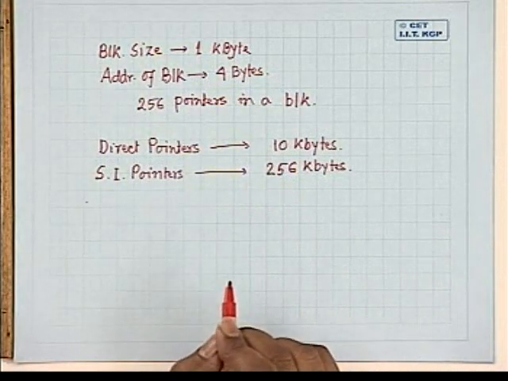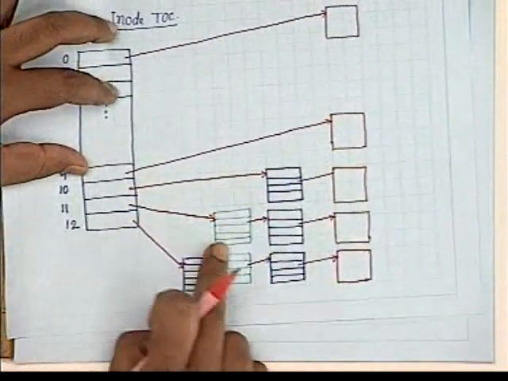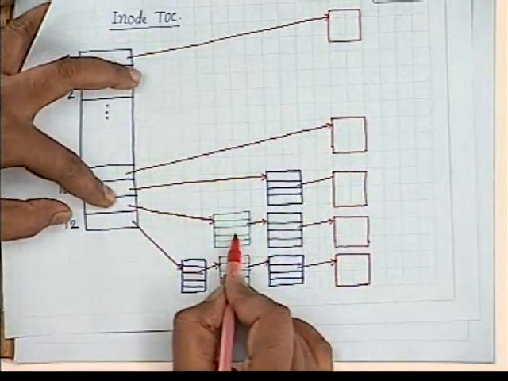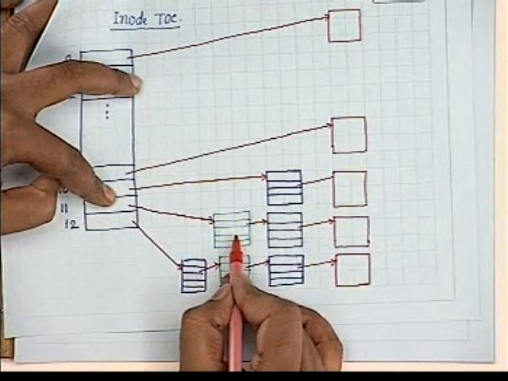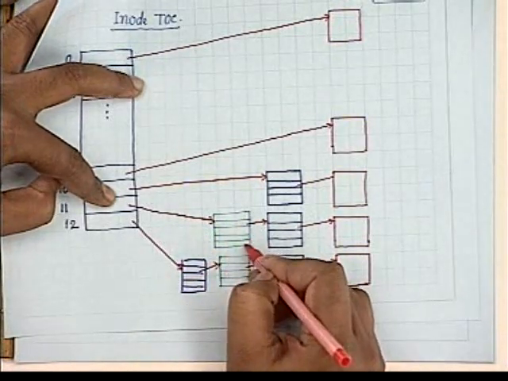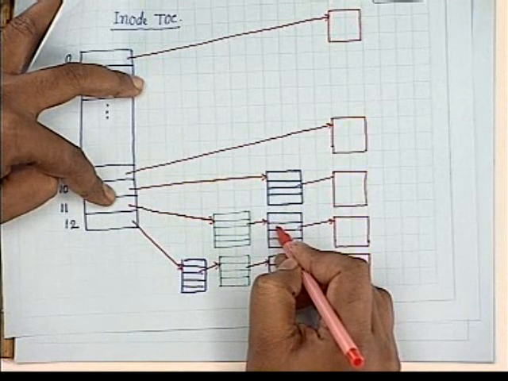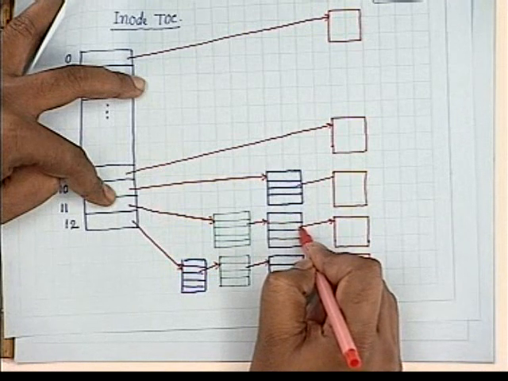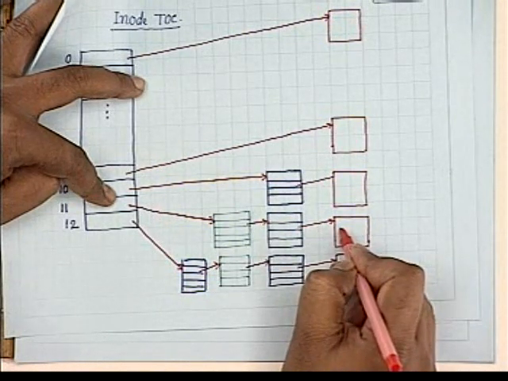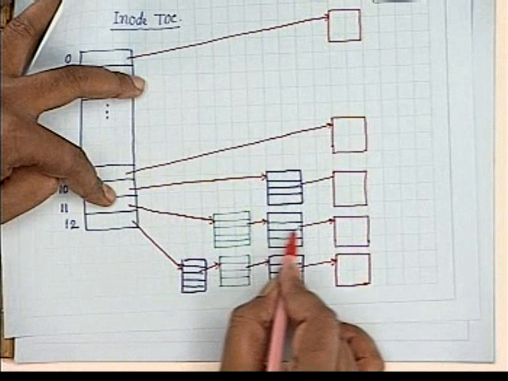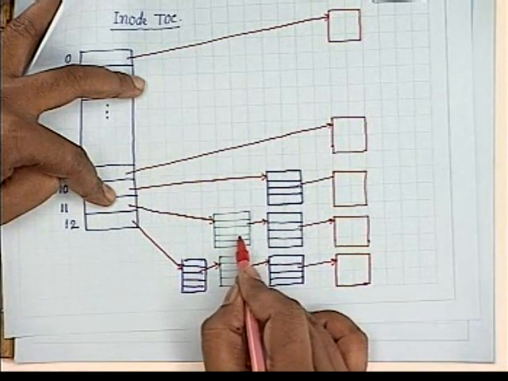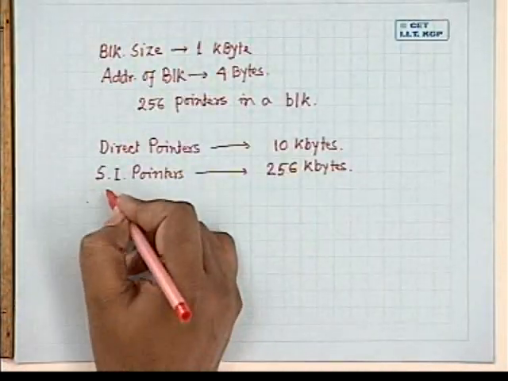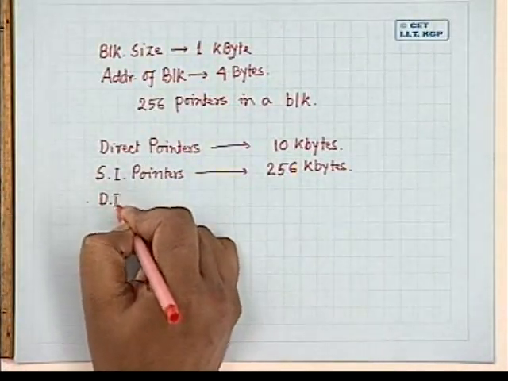Following this way, when you come to the double indirect, you find that this points to a block which contains 256 pointers. Each of these 256 pointers points to blocks which again contain 256 pointers. Each of these pointers will point to 1 kilobyte of data. That means following this double indirect pointer, I can access 256 into 256 kilobytes.